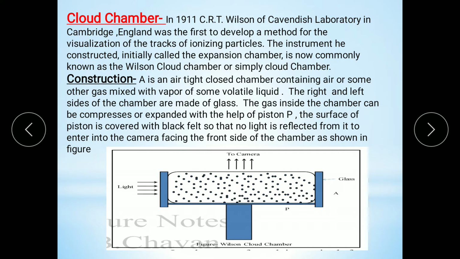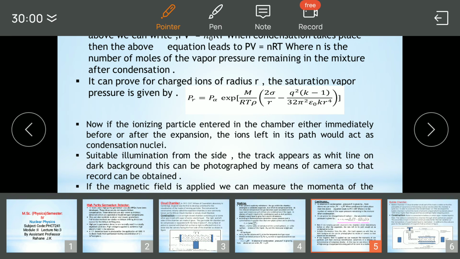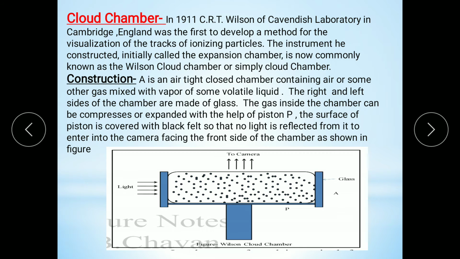Now the right and left sides of this chamber, means these sides of the chamber, are made of glass. The gas inside the chamber can be compressed or expanded with the help of the piston P. Here is our piston.